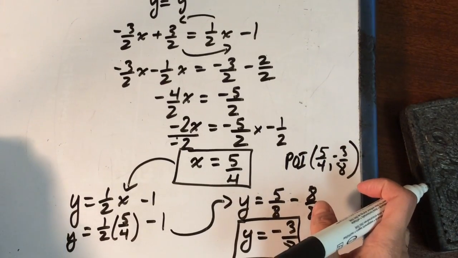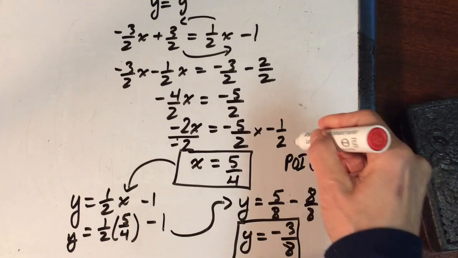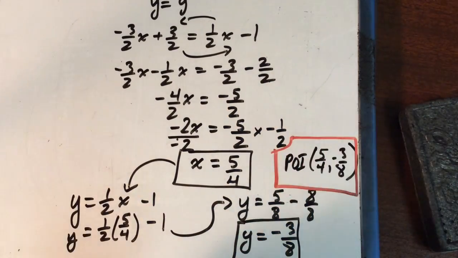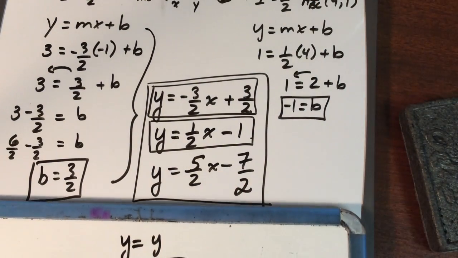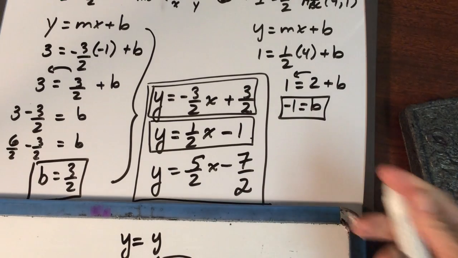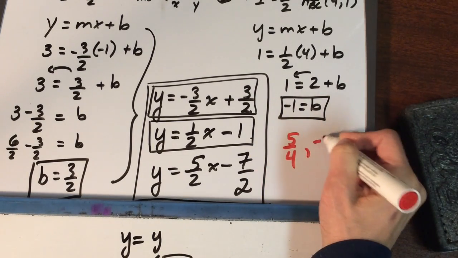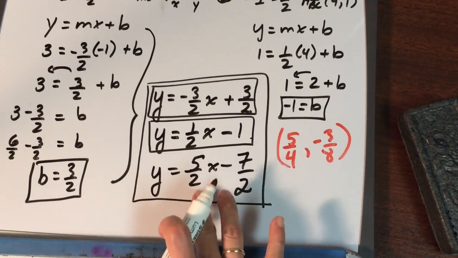And I am now going to take this, put it in red so we can see it here, and we're going to put it into this equation here. This is our POI, so let's see if it works here.